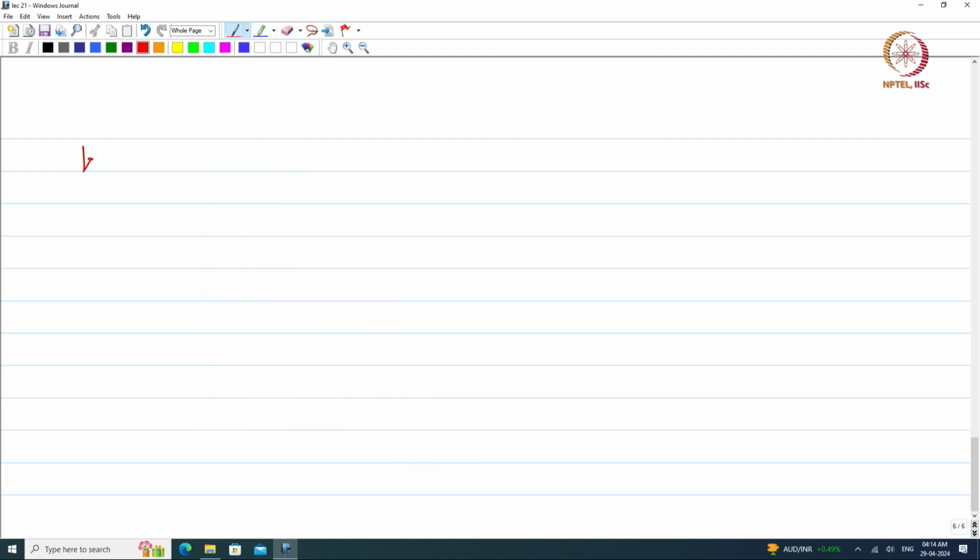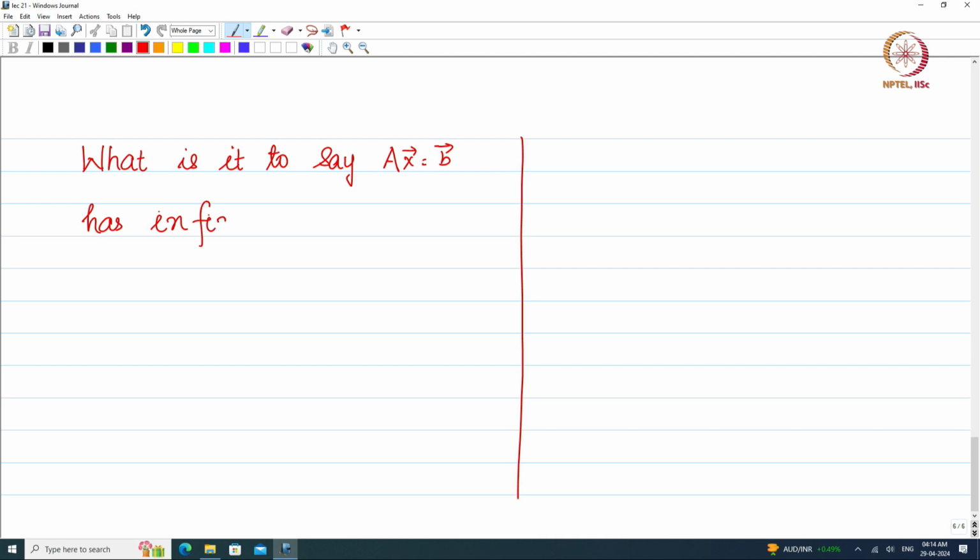What is it to say that Ax equal to B has infinitely many solutions, where A is a 3 by 3 matrix?